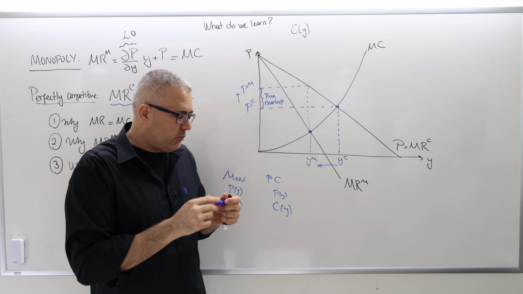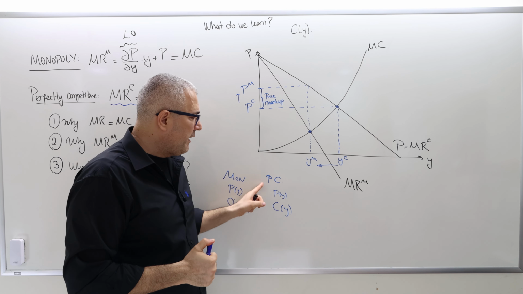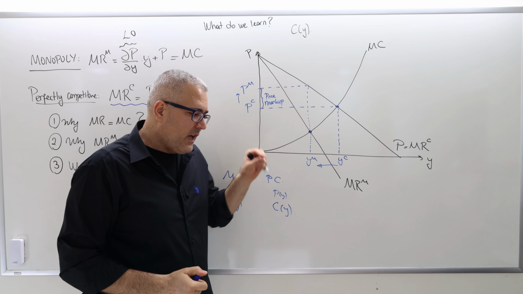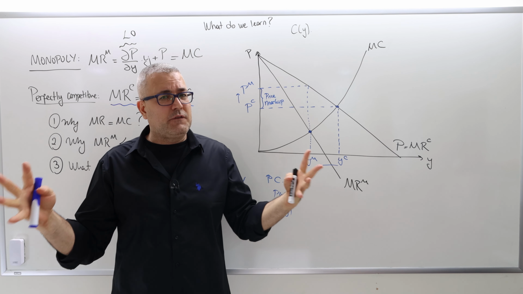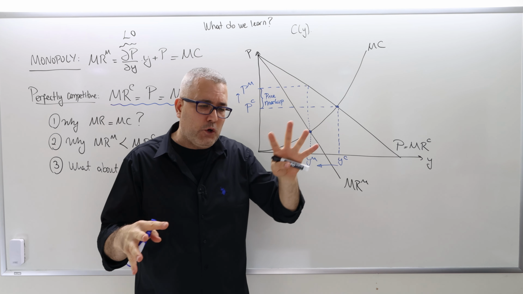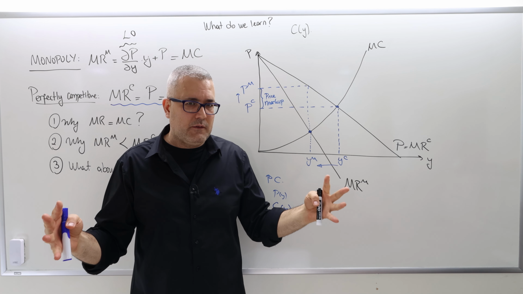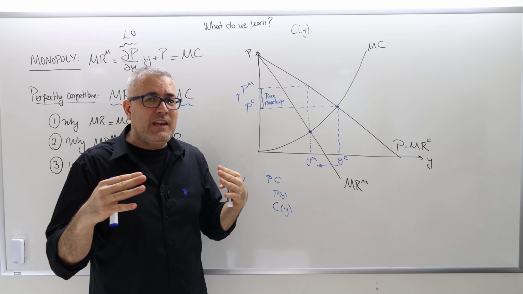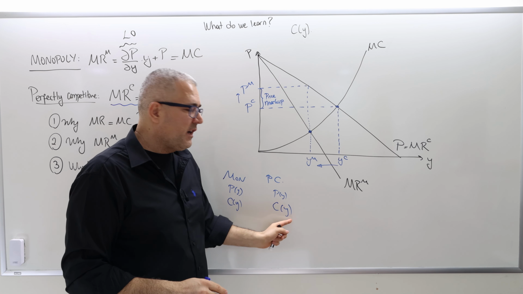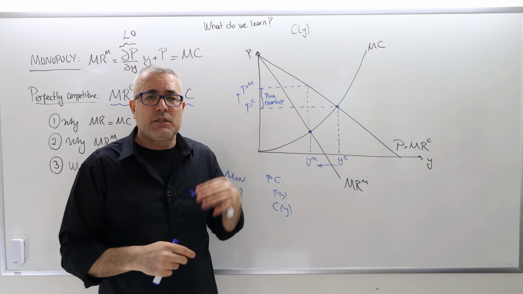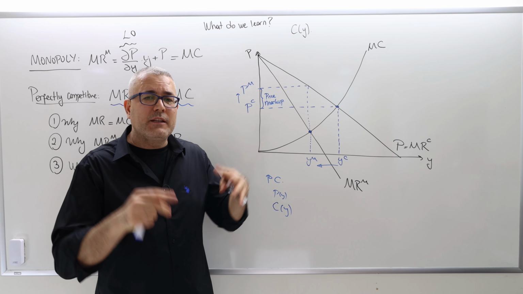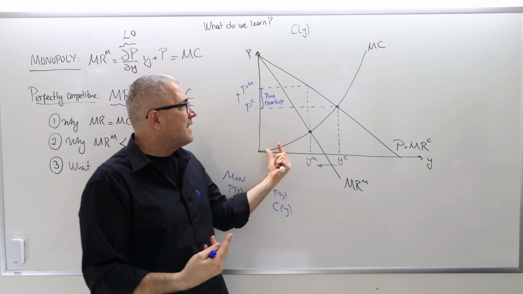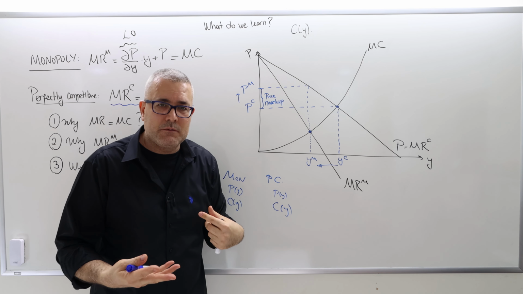You can think of it this way: the PC means perfectly competitive market, and you can think of this as the aggregate cost function. All the firms in the market have exactly the same cost function. So if there are n firms, C divided by n is the cost function for each individual firm. I aggregate it, so this is the aggregate cost function, and hence this is the aggregate supply function.